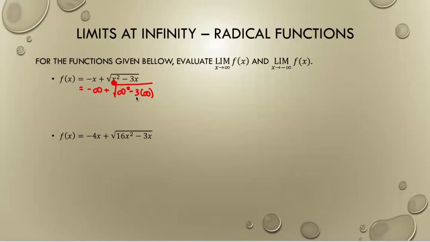Because this number is bigger than that one, the expression is going to be positive. So we have a minus infinity plus the root of a big number, which is another big number, and we have something that looks like this.